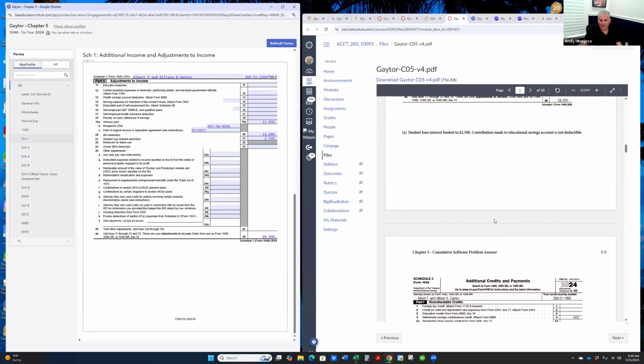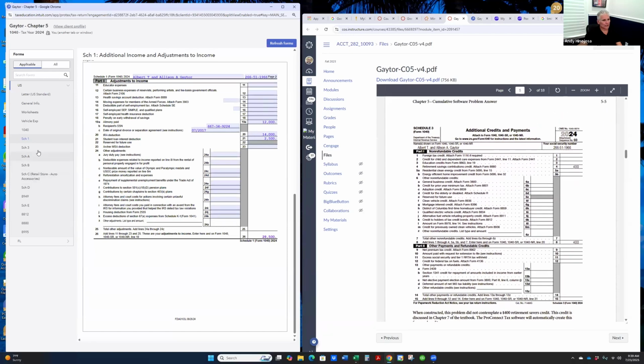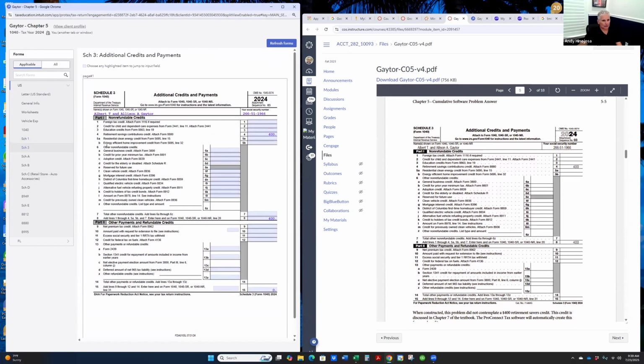Let's go on to the next schedule, Schedule 3. Now, we didn't even have to worry about this credit, but once we entered the IRA contributions, depending on the income amounts, certain taxpayers will qualify for a contribution credit. This is computed through Form 8880.